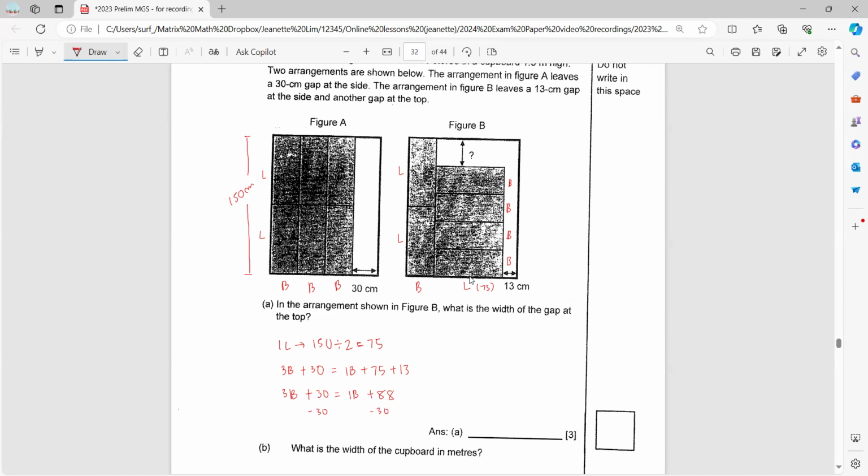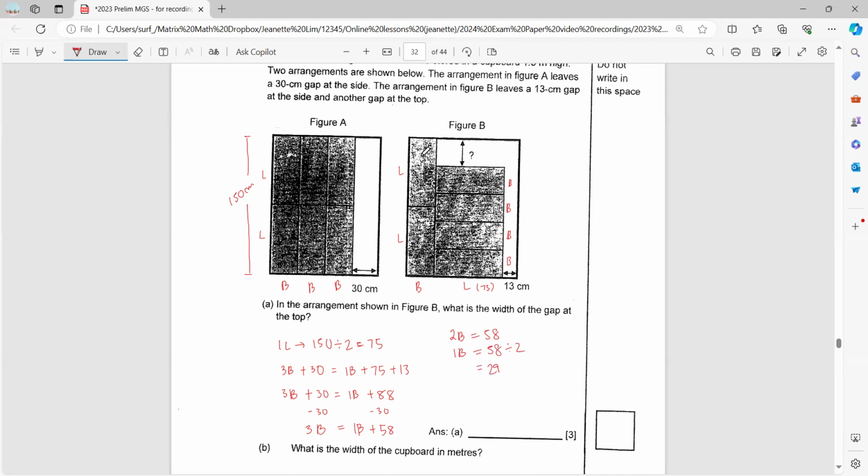And we have 3B equals 1B plus 58. So what is 58? 58 is 2B. 2B equals 58. 1B is 58 divided by 2, which is 29.